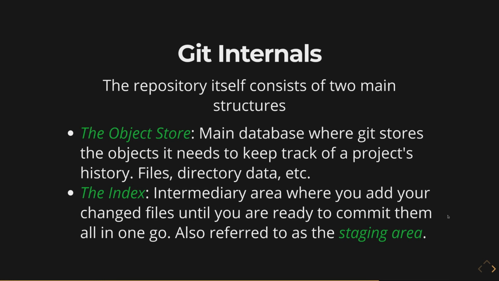So then, of course, the question is, well, what does the repository consist of? That database, what's inside it? And the two main components of that repository are the object store, which is where all your files and information about all the directories that you've created and all your commits will be stored.